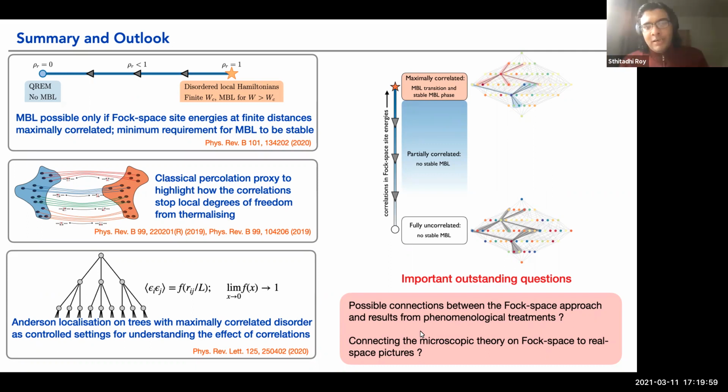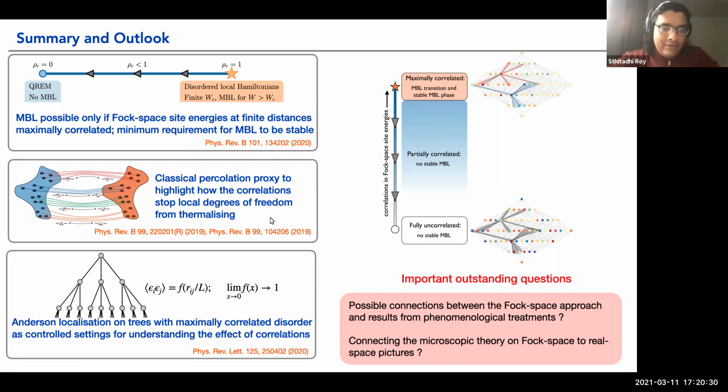So the way I squared this is how I presented the argument in the classical percolation section: once you have these correlations, you actually reduce the effective number of energy scales in your problem. As a result, you have a fighting chance of making them off resonant so as to stop the wave function spreading on the Fock-space. So that's what I can say about this.